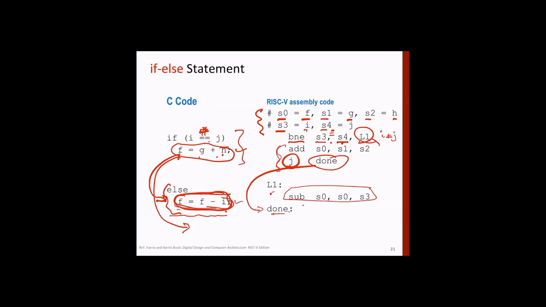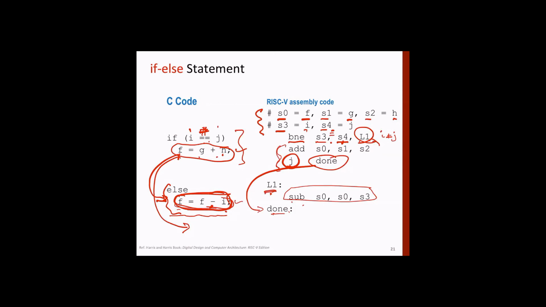So you branch to L1, it means that you execute this statement if I is not equal to J, or S3 is not equal to S4. Here also, I corresponds to S3 and J corresponds to S4. If S3 is not equal to S4, then you are executing this. So we say that if they are not equal, then go to label L1.